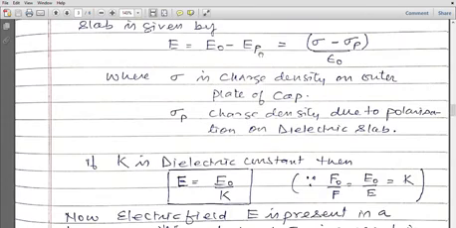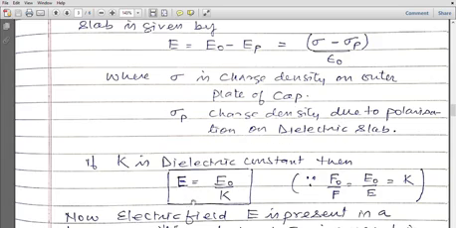और electric field का formula पता है, epsilon 0 has been taken as common. Sigma is the free charge density on plates of capacitor. Sigma P is the polarized or induced charge density, and sigma P is smaller than sigma. So sigma is charge density on outer plate of capacitor, sigma P charge density due to polarization on dielectric slab.